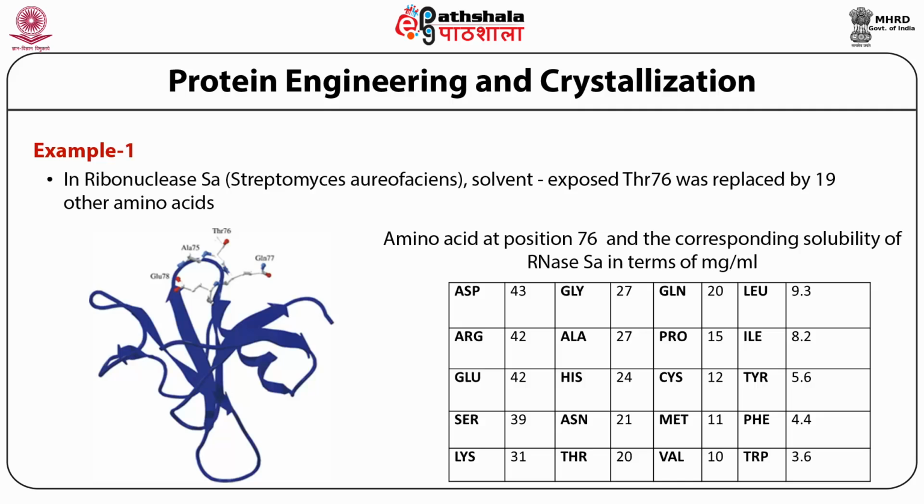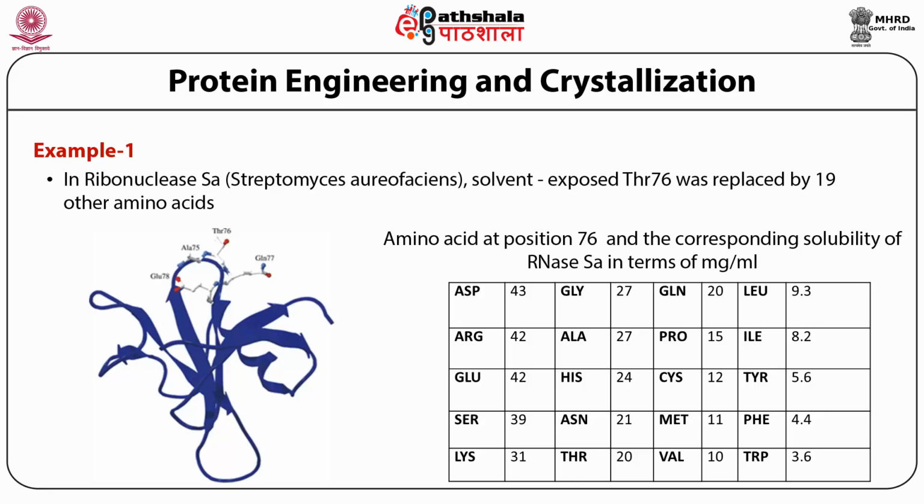That mutant reached up to 43 milligram per ml, whereas tryptophan and phenylalanine give 3.6, 4.4 and 5.6 respectively. So by replacing Thr by 19 different amino acids, extensive work has been carried out, and in each case the solubility has been measured and recorded in this table. From this we know how effectively this can be done.